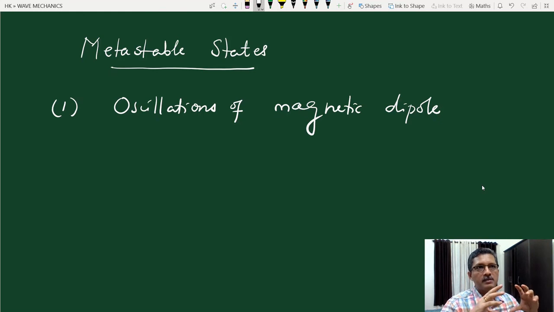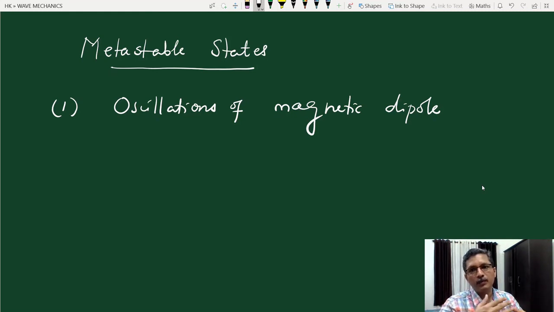So in atoms there is this possibility that this current loop has its orientation reversed continuously. That means this current loop is oscillating. When the current loop is in one orientation, the dipole is in one direction. When the orientation of the current loop is reversed, then the direction of the dipole moment will be reversed.